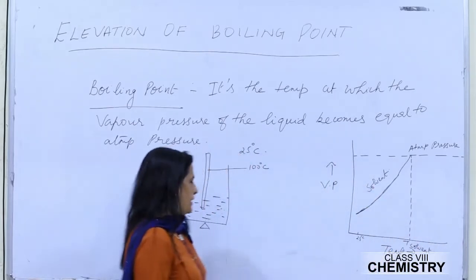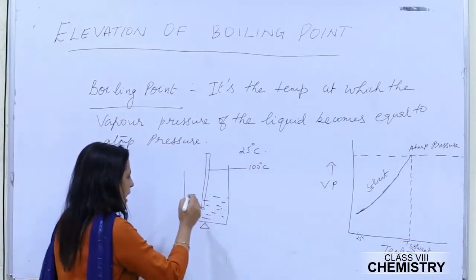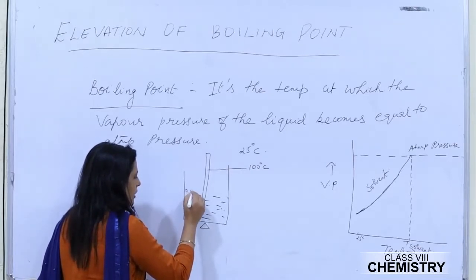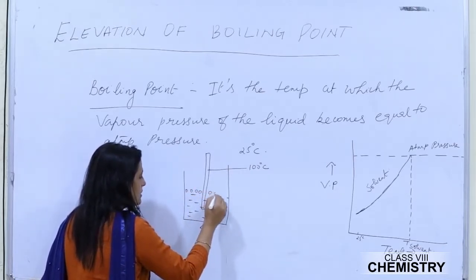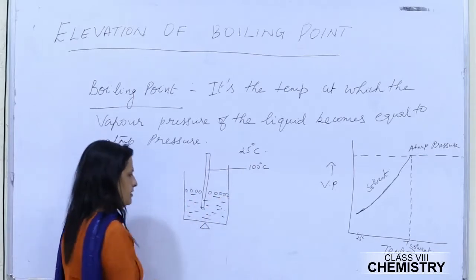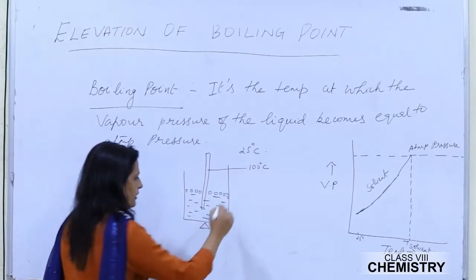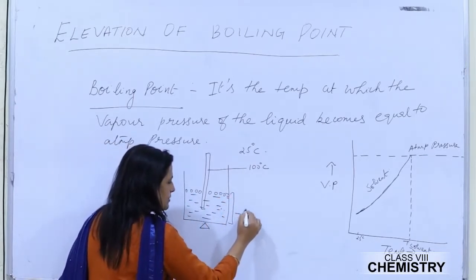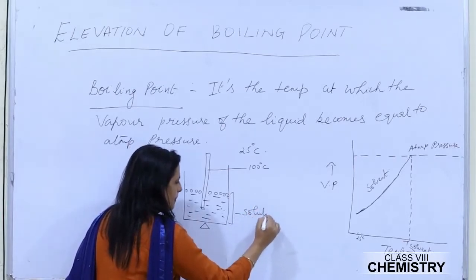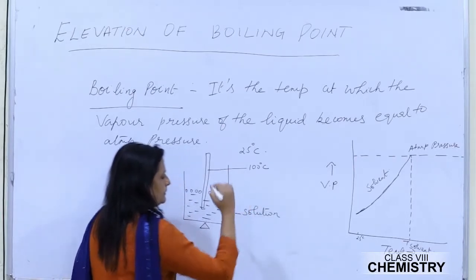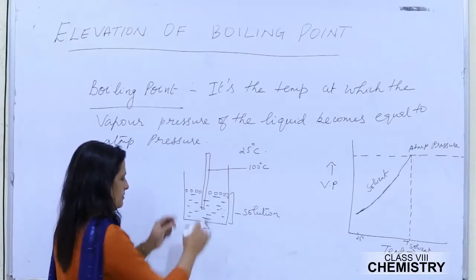Now what I am going to do is, we will cool this, and to this we will add a little amount of non-volatile solute. Now this becomes a solution. Now we are doing the same experiment.